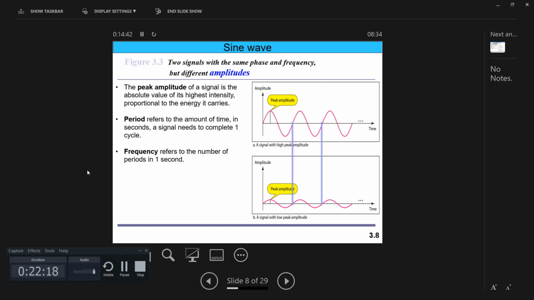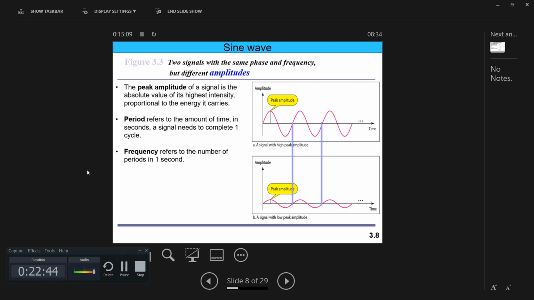Here, for example, this one is very fast, so if we count 1, 2, 3, 4, it completed 4. The frequency will be 4 hertz. So the frequency is how many periods are completed in 1 second.